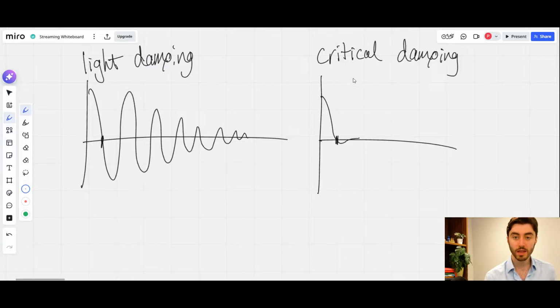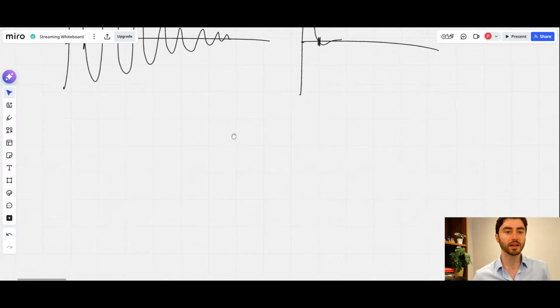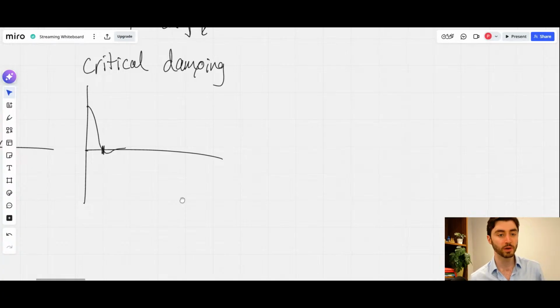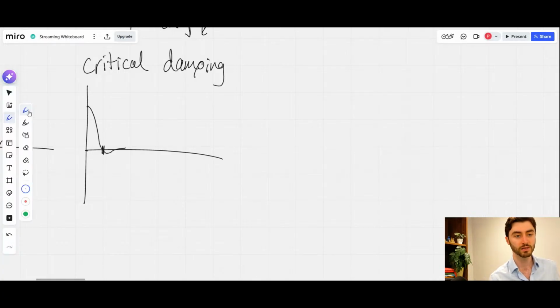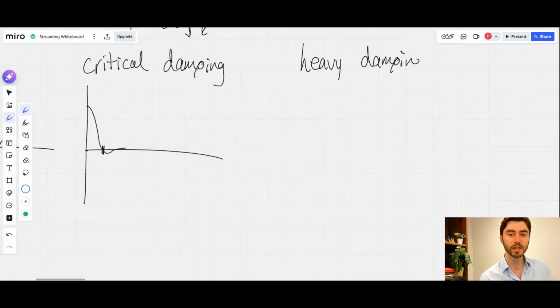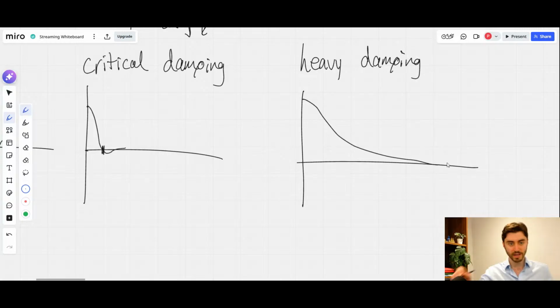So this would be critical damping, where it comes back to equilibrium and basically just stops dead. Then your heavy damping would come back very, very slowly. As opposed to critical damping, which gets you back to zero, maybe overshoots a tiny bit, but you basically just stop the oscillations immediately, heavy damping creates so much resistance that you're only slowly able to return to equilibrium, like this, where it sort of does exponential decay.